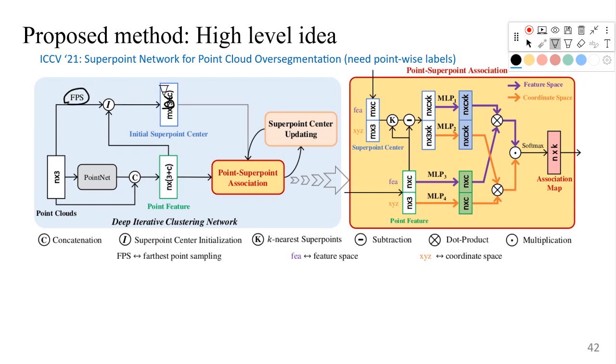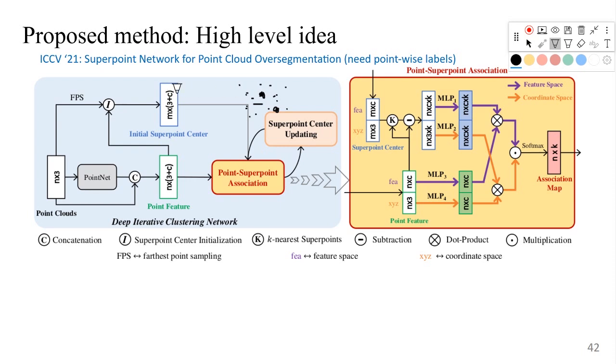And then to get the C, instead of doing FPS directly on the C, the paper considers the original point coordinates. Let me give you some illustrations. For example, if we have these points, and let's say we have the superpoint centers here and here.